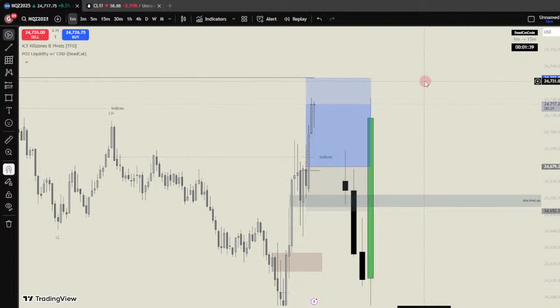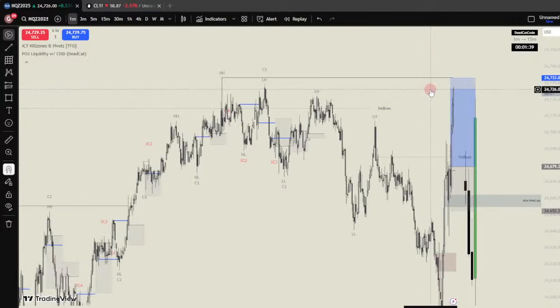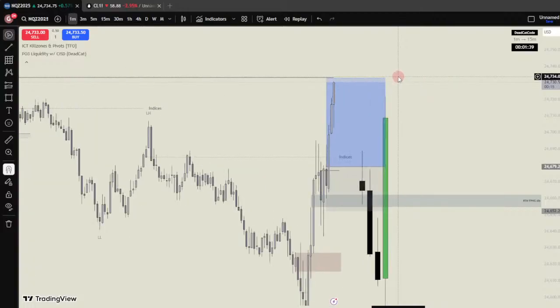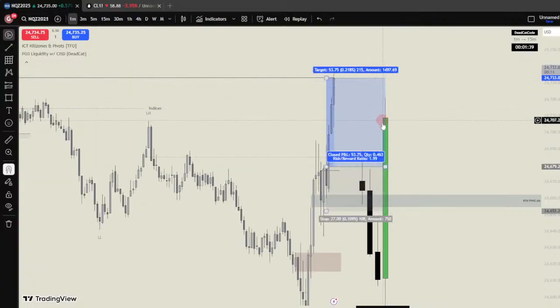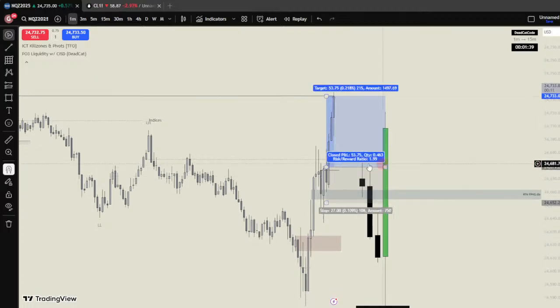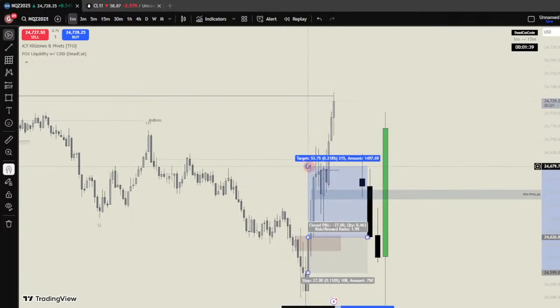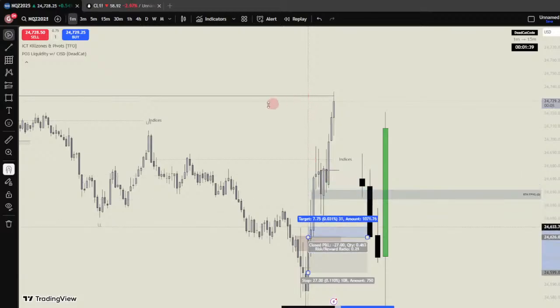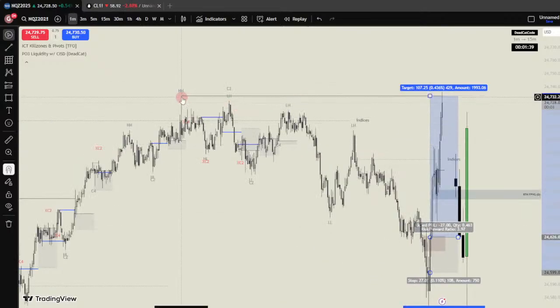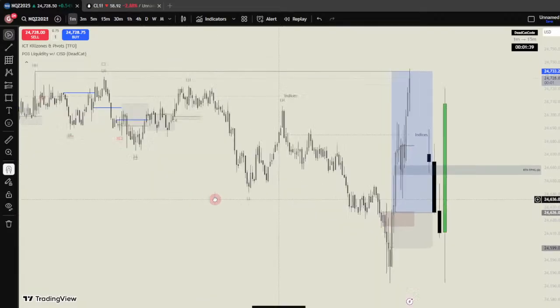Incoming. And that is just beautiful. So look how price... I know so many gurus are going to be posting about this, but at the end of the day, I was the one who called this. I called that.